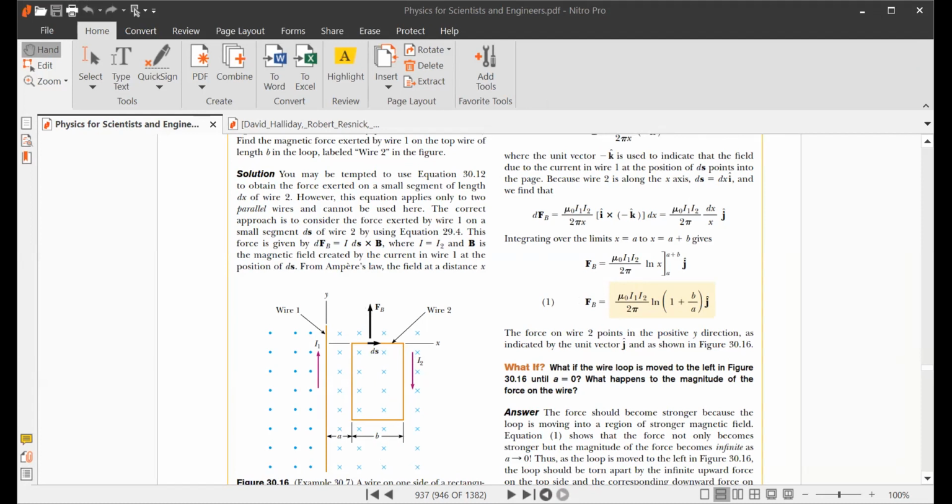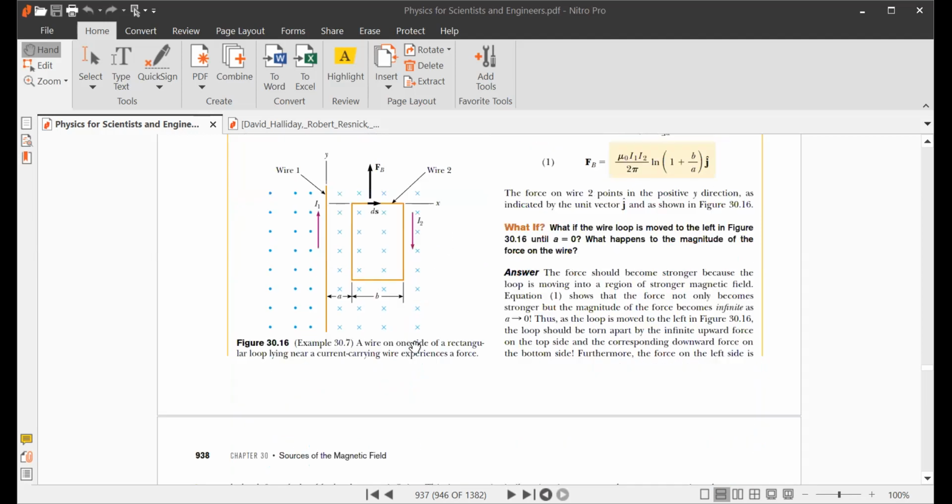The direction of the magnetic force on this line. You see this line? It's going to the right. To the right? Yeah, okay. Thank you.